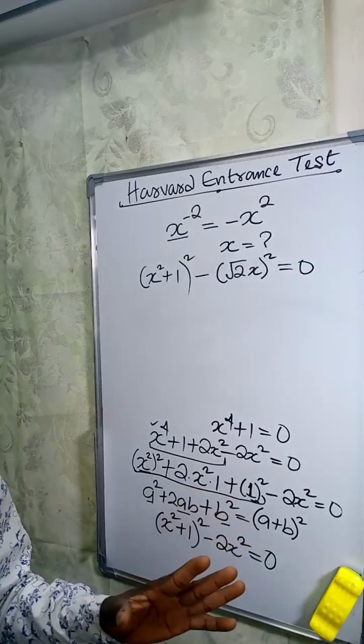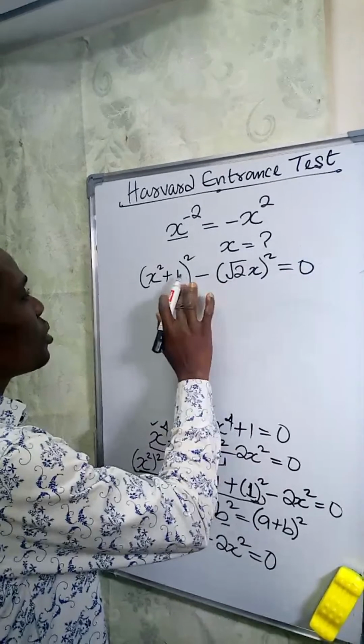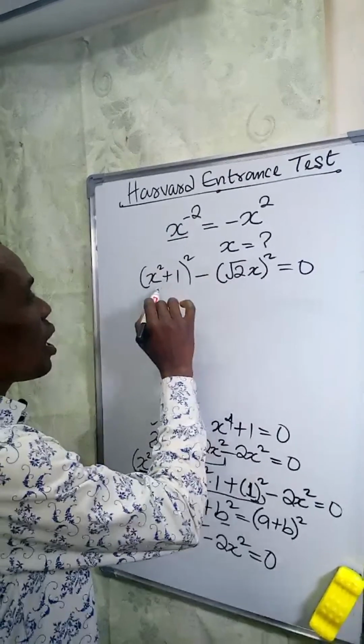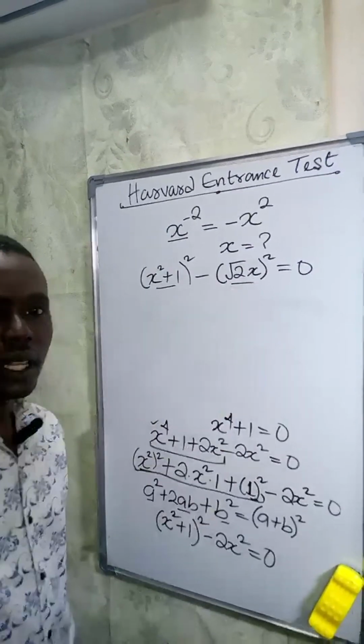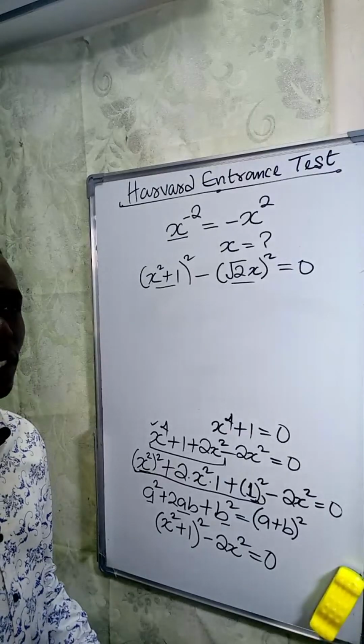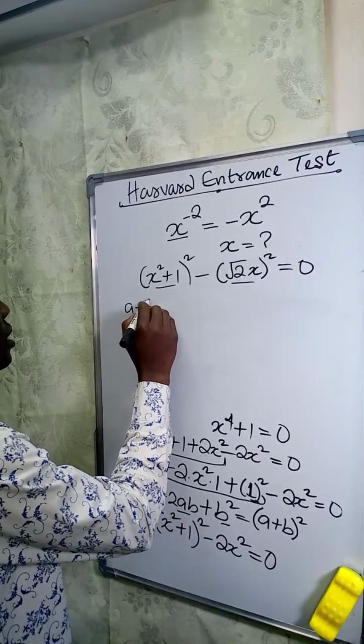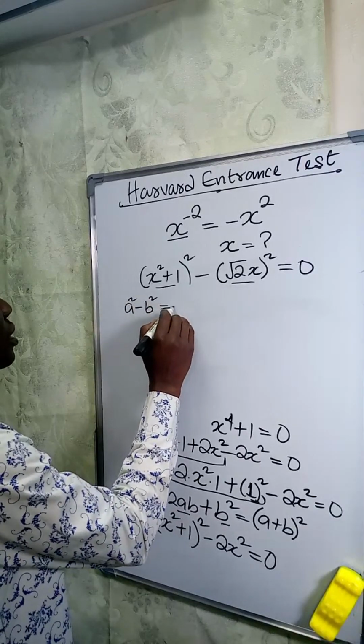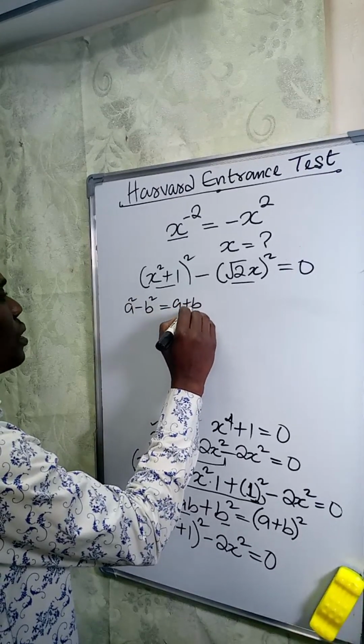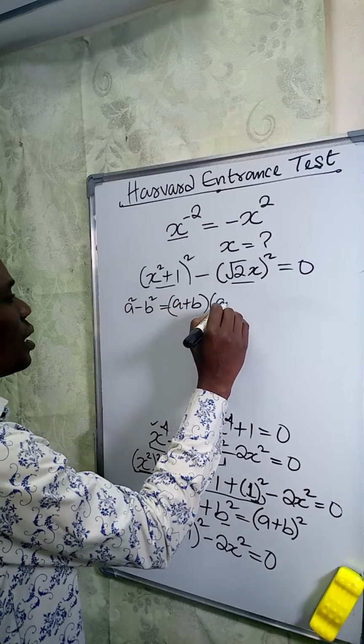Now, I'm only mindful because I want this expression to give me a difference of two squares. Remember, if I have a difference of two squares, a squared minus b squared, this can simply be equal to a plus b, and then a minus b.